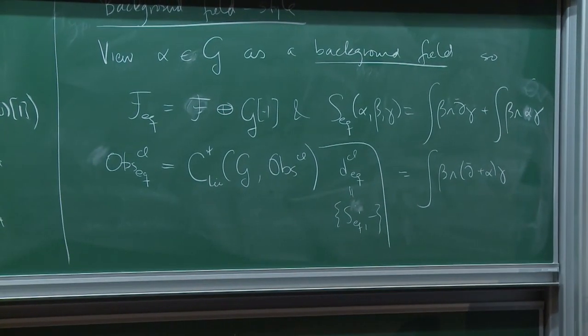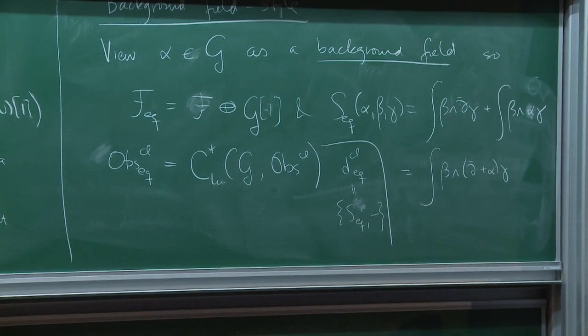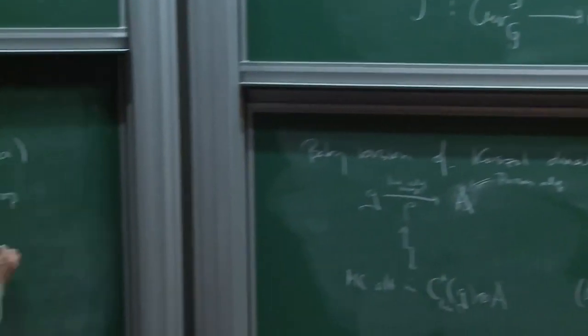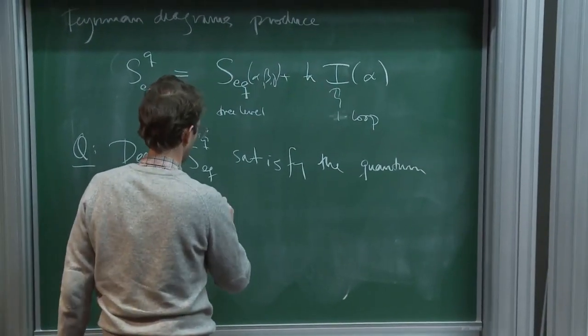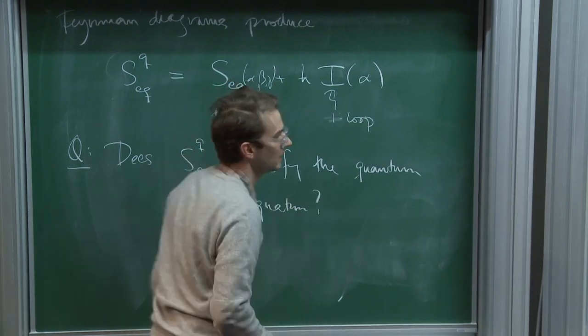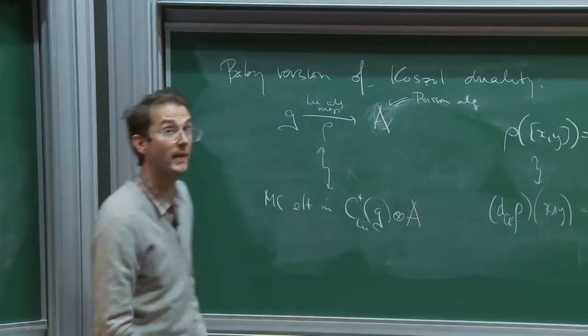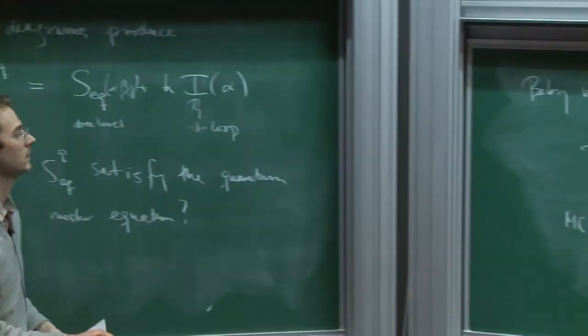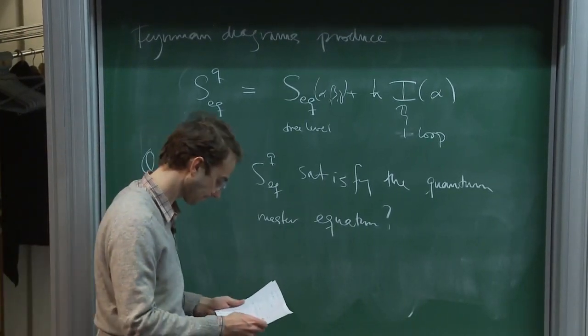Being a Maurer-Cartan element is a solution of the classical master equation. And this is going to be the quantum master equation, which is the same thing, but replacing this Poisson algebra by the quantum observables. So solving whether it's a Maurer-Cartan equation.